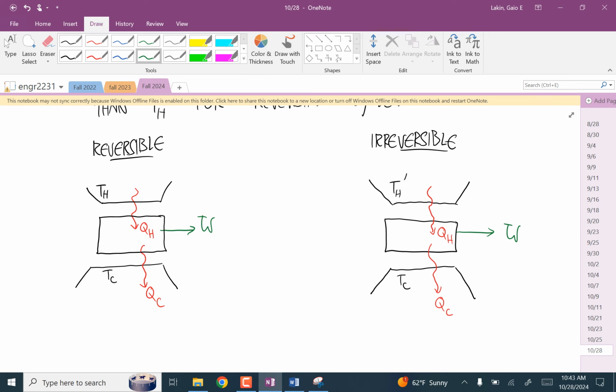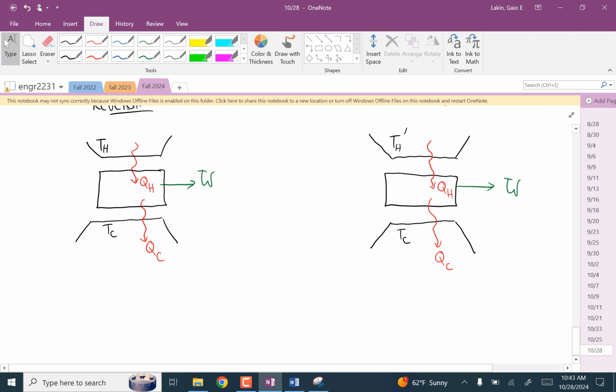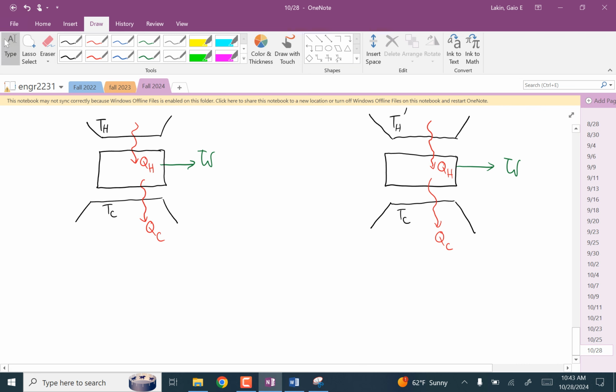But we want to use the Clausius inequality to show that this is the case. That's where the greater temperature comes from. Yeah, well, it's not more heat, but in order to get the same amount of heat, these inefficiencies cause you to require a higher temperature. Got it.